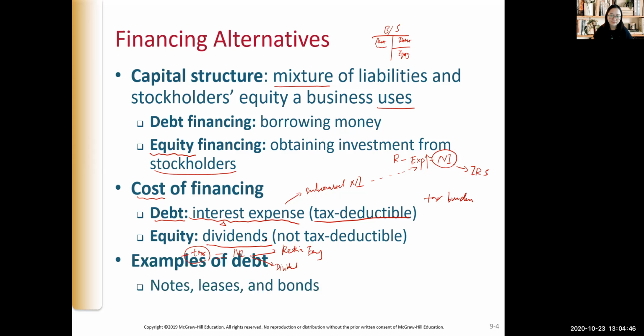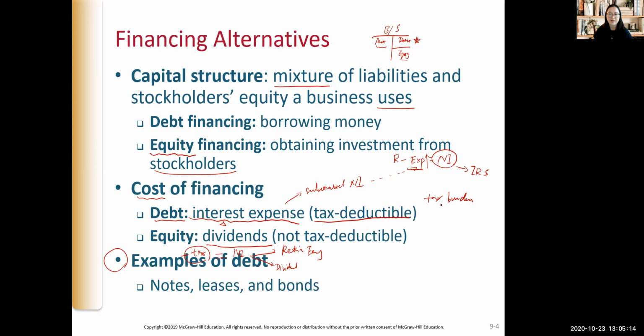So, for the debts that we are covering here, borrowing money versus issuing stocks and obtaining investment from stockholders, borrowing money is cheaper and actually has a benefit, right? Because you do not need to pay dividends to the debt holders. You only need to pay interest. And the minute you pay interest, you can reduce your net income, right?